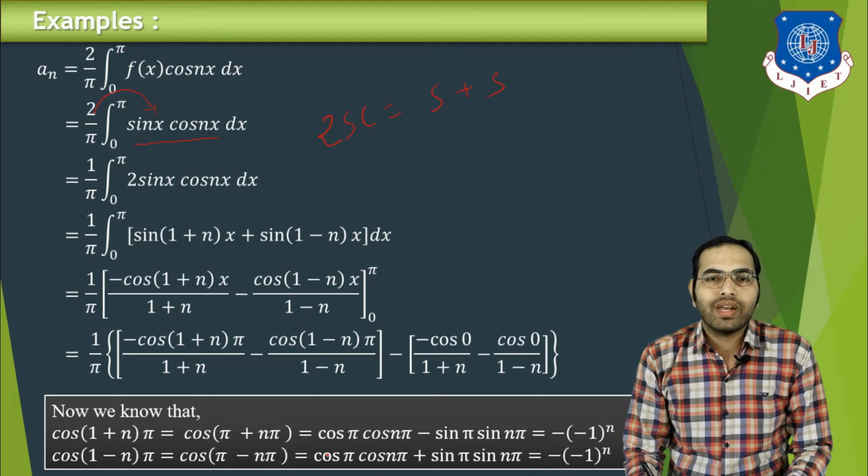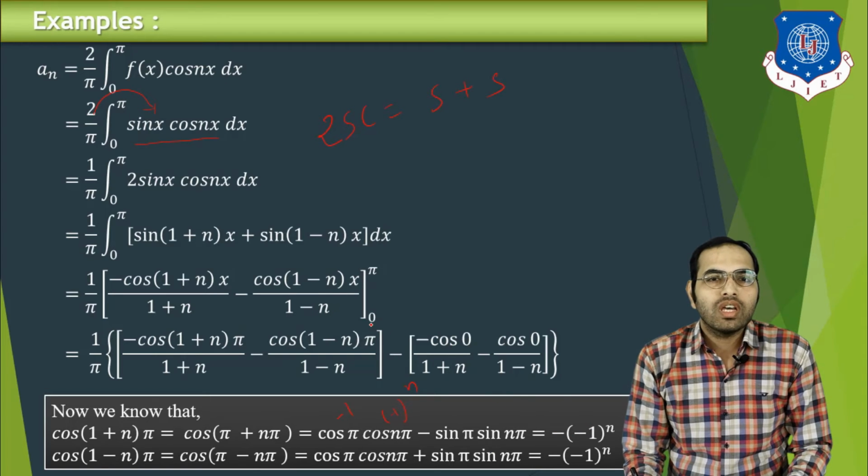Similarly, cos(alpha minus beta) is cos alpha cos beta plus sin alpha sin beta. You are all aware that the value of cos pi is minus 1, cos n pi is minus 1 raised to n, and sin pi is 0, and 0 into anything is 0. Similarly here, cos pi is minus 1, cos n pi is minus 1 raised to n, and sin pi is 0, so that gives minus 1 raised to n.